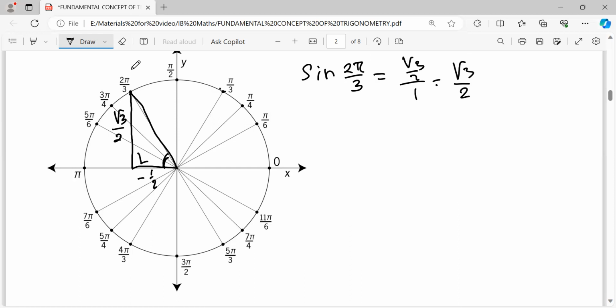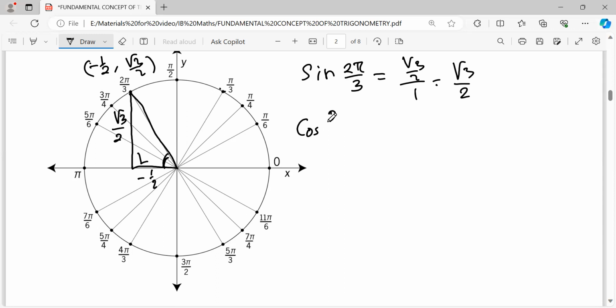And the coordinate point here is negative half, comma, square root 3 over 2. Okay, so this the sine values of 2 pi over 3, and this one actually cosine value of 2 pi over 3.